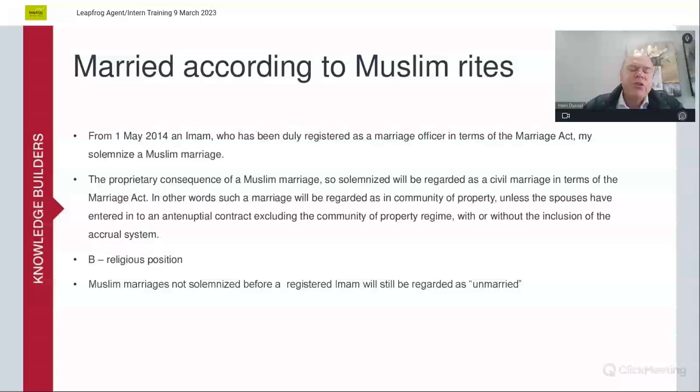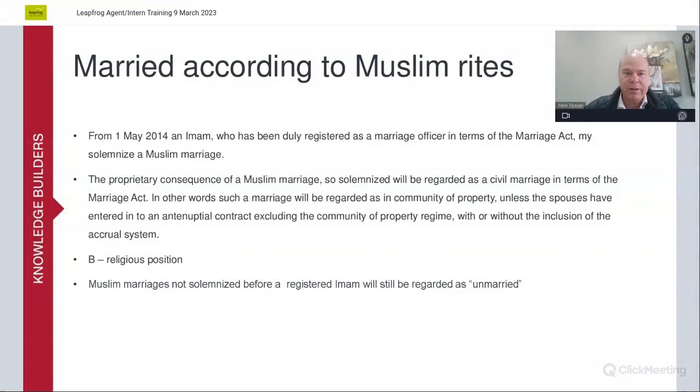However, in certain instances, the Imam is also registered as a marriage officer in terms of the Marriage Act. So sometimes the Imam is registered as a marriage officer, and in that scenario, if the Imam married the couple in terms of his appointment as a marriage officer, then they will be married in community of property.